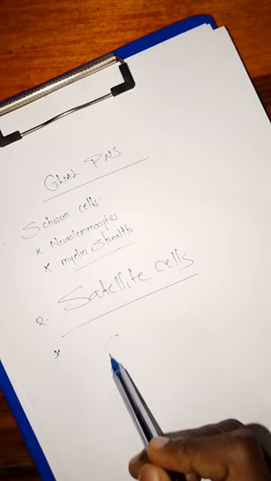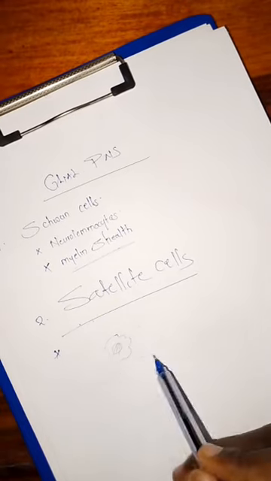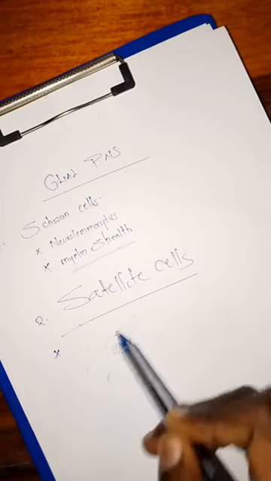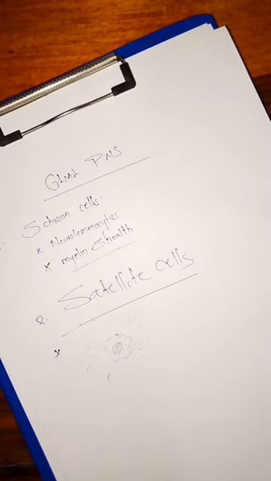The reason why they do this is because they want to provide structural support to this neuron. And also they help in the regulation of nutrients, and also just for protection.